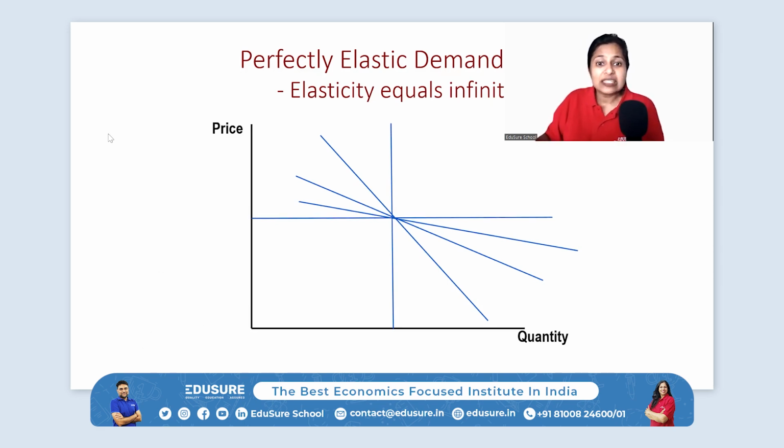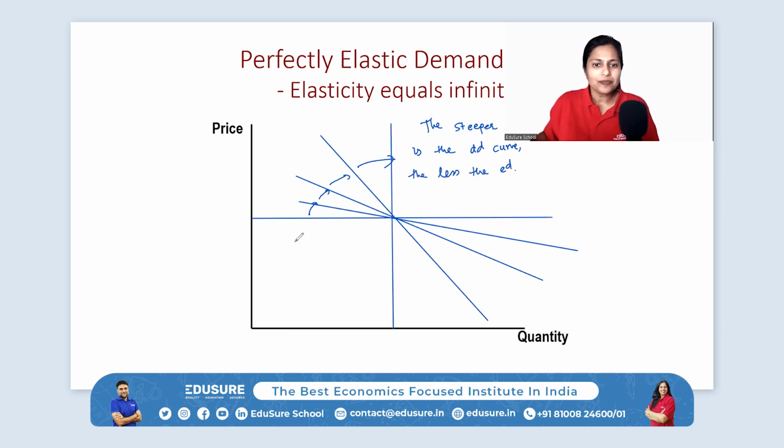Okay, so the steeper is the demand curve, the less the elasticity of demand. The flatter is the demand curve, the more is the elasticity. The steeper is the demand curve, less is the elasticity.